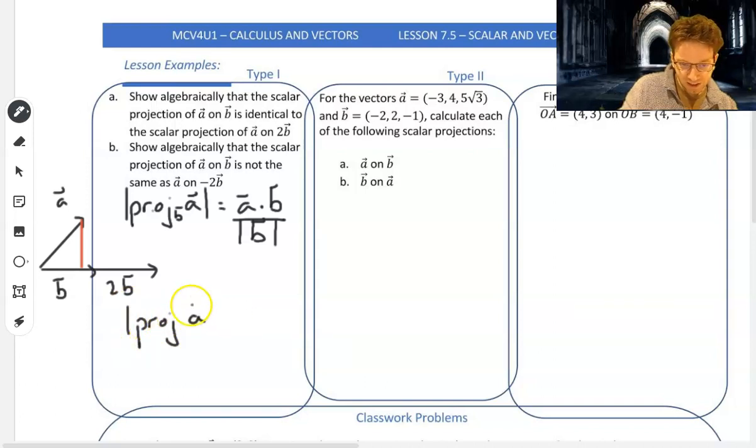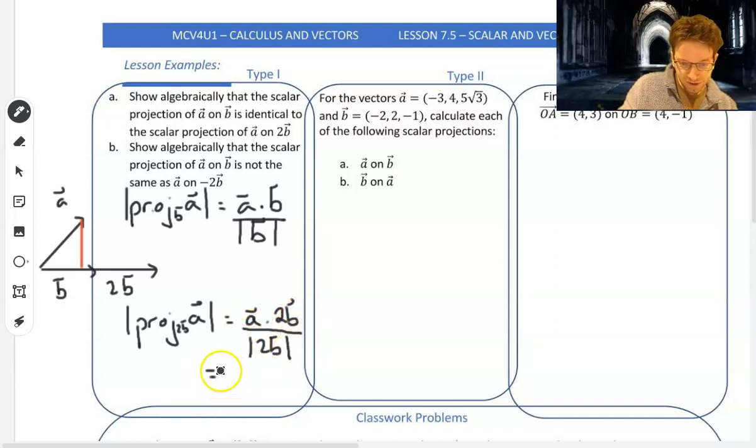So we'll write A on 2B equals, again, we're going to have A dot 2B all divided by the magnitude of 2B.